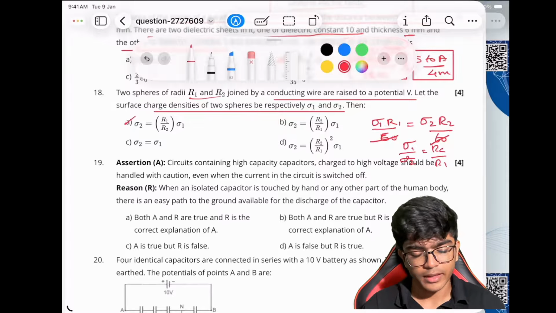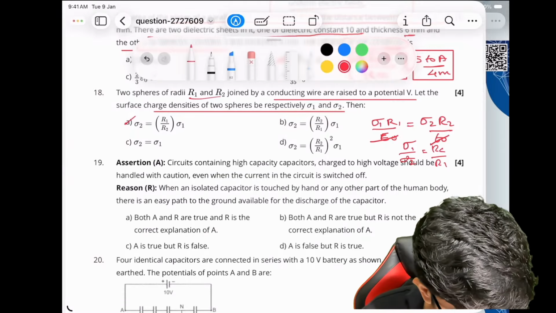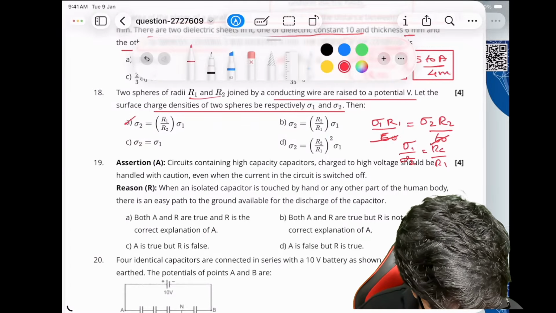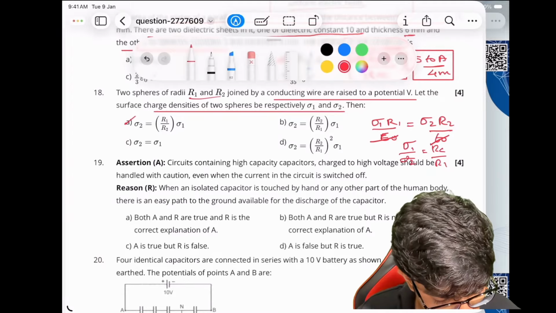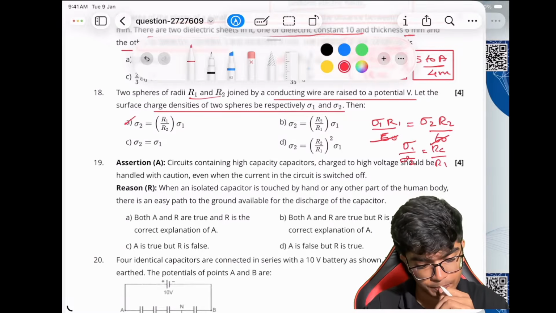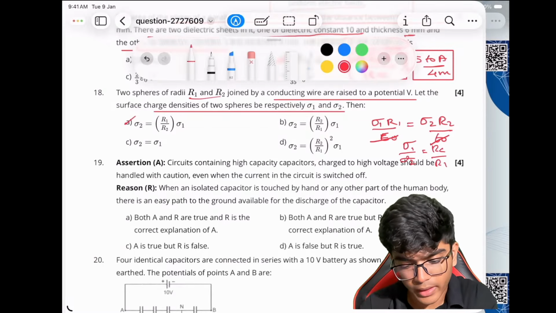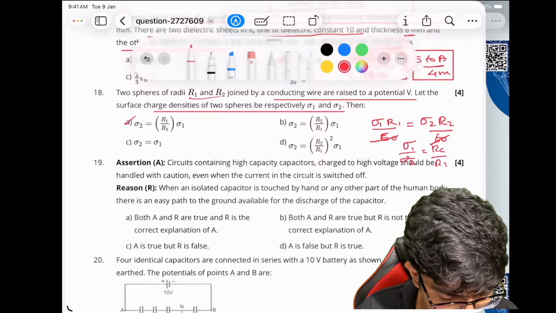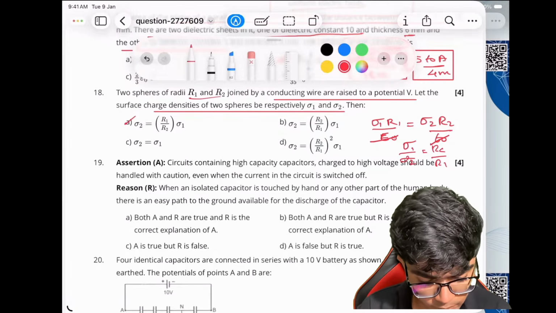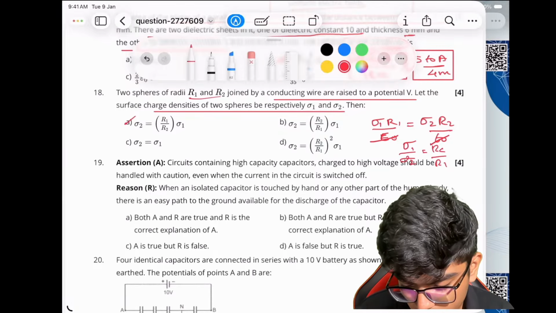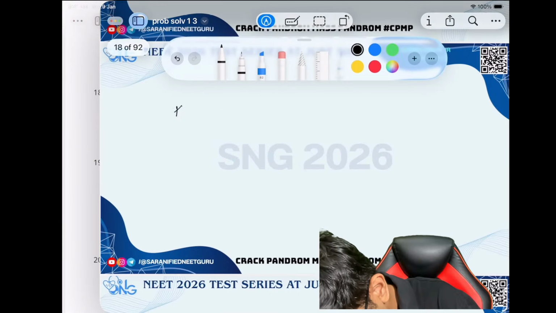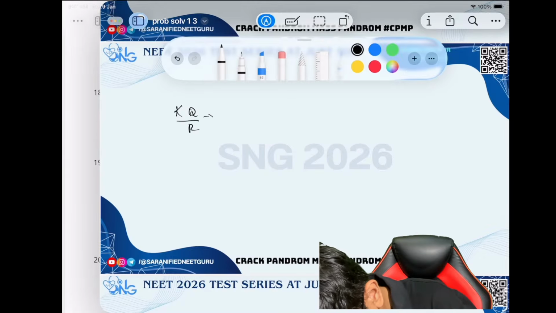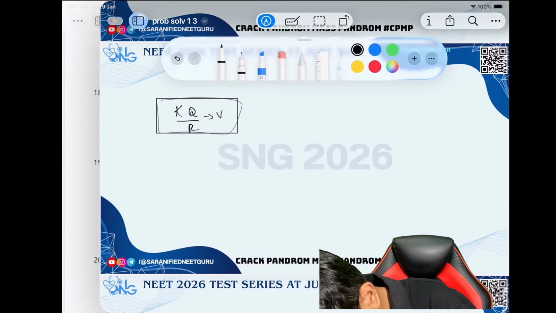Let me tell you how this equation came, just one minute. V is equal to KQ by R, this is my potential, where K is 1 by 4 pi epsilon naught.